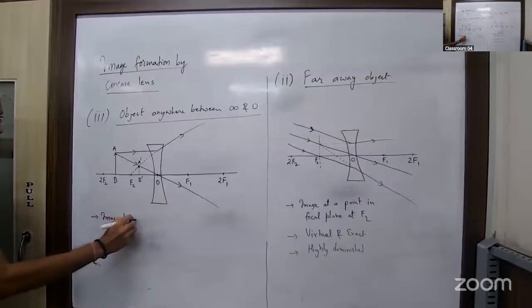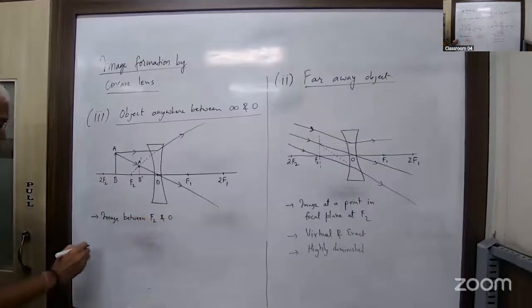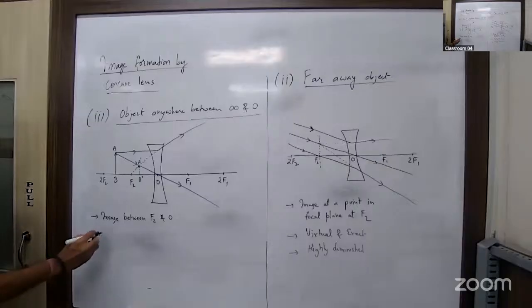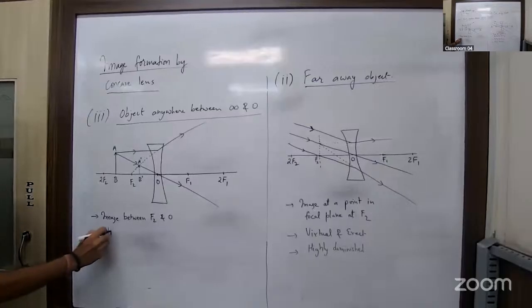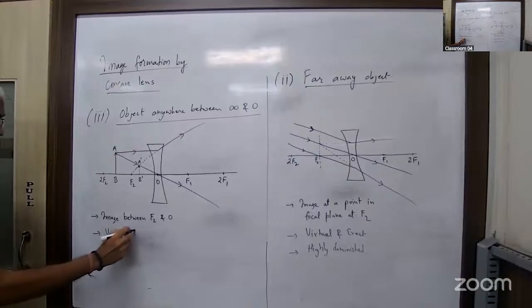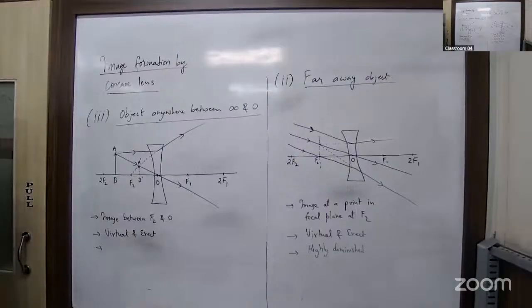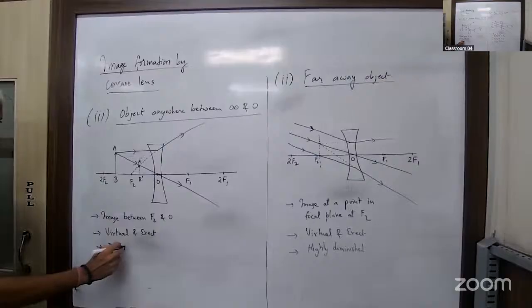Image between F2 and O. Then nature is virtual and erect. And what about size? Diminished.